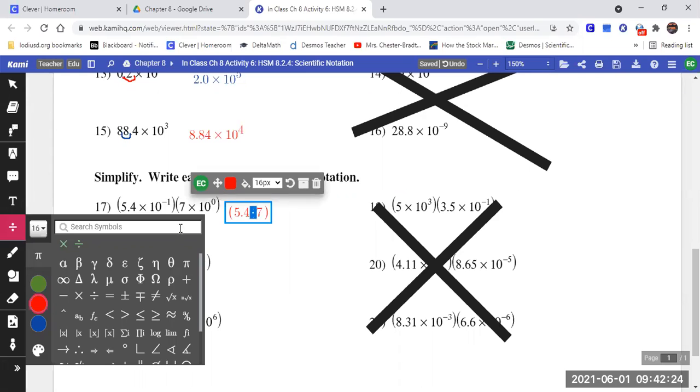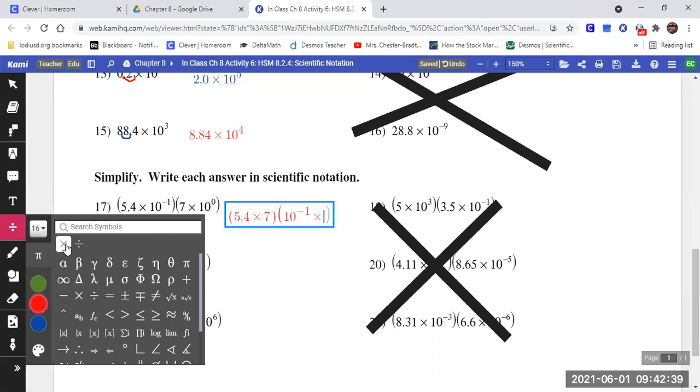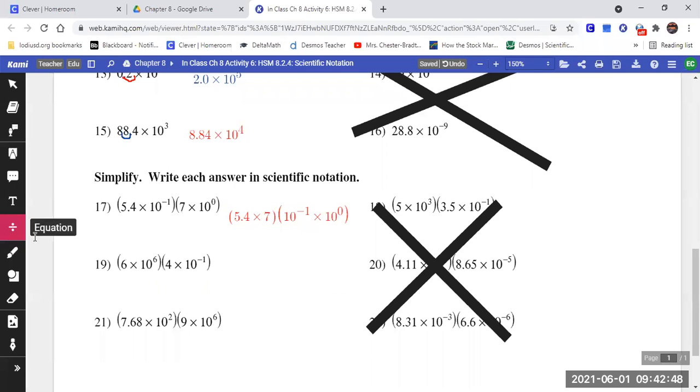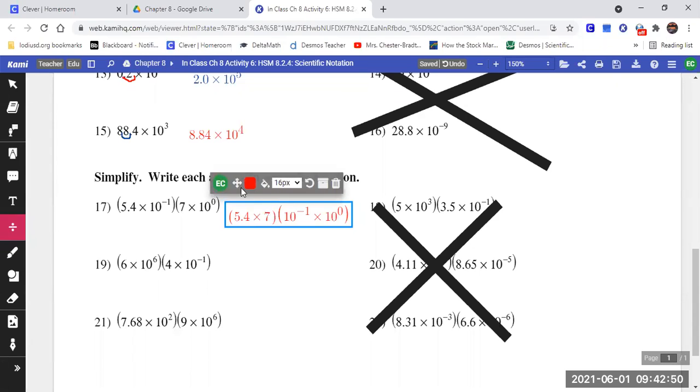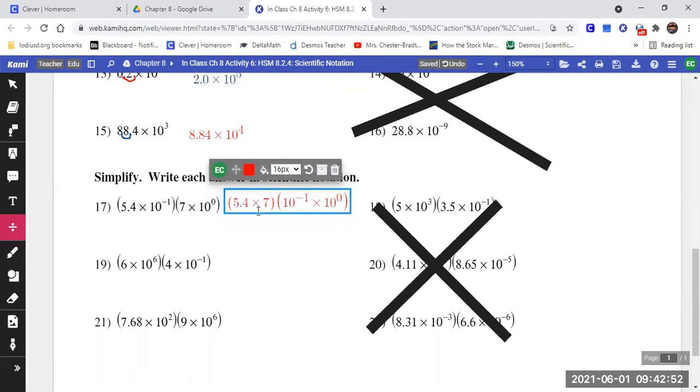And we have 10 to the negative 1 times, oops, got to remember to arrow out of the exponent, times 10 to the 0. Right? So all I did was rearrange so like things were next to each other. Numbers were next to numbers and things with exponents were next to things with exponents.